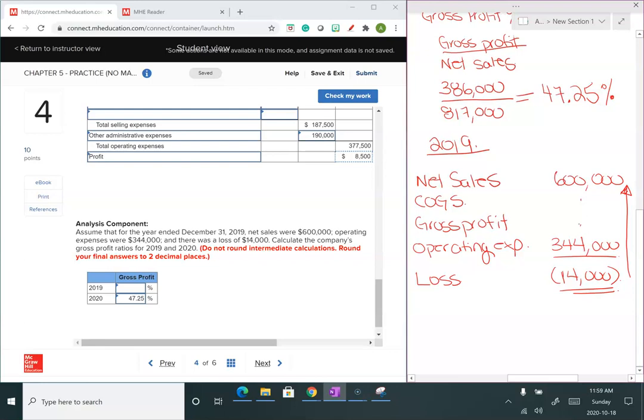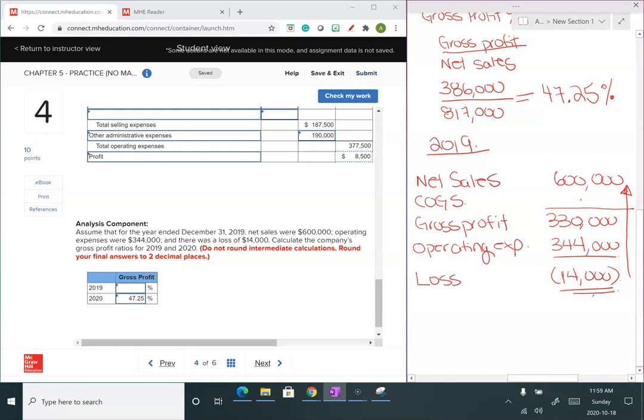So if you take 14,000 and minus it from 344, you'll end up with a margin of 330. So remember, do the math backwards and then do it downwards again just to double check. So if I take 330 minus 344, it does in fact equal 14,000.